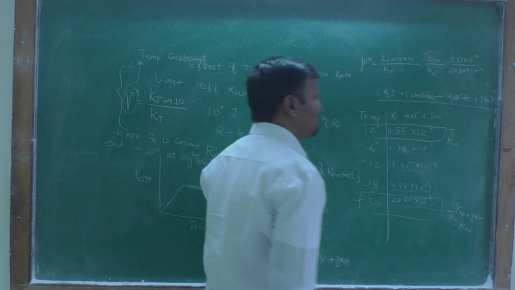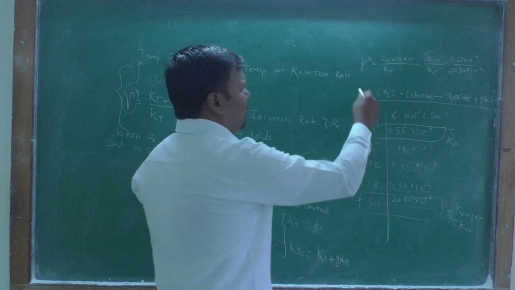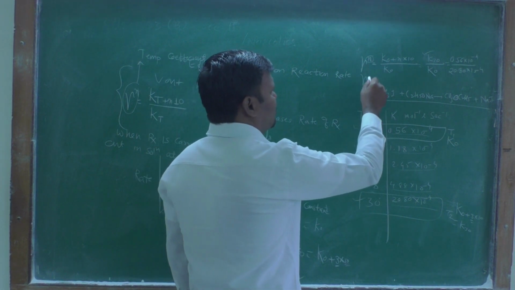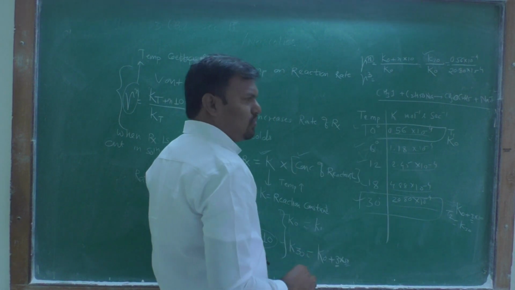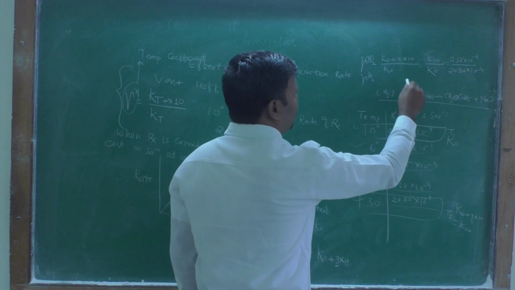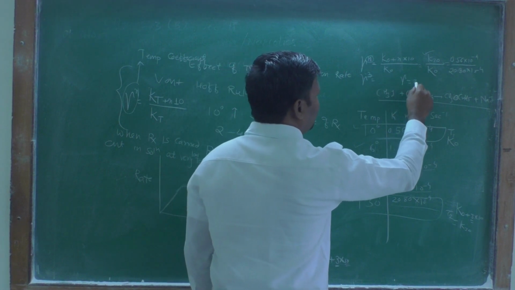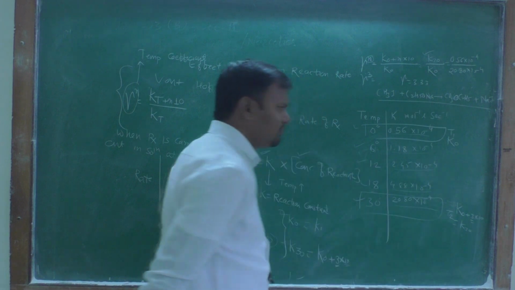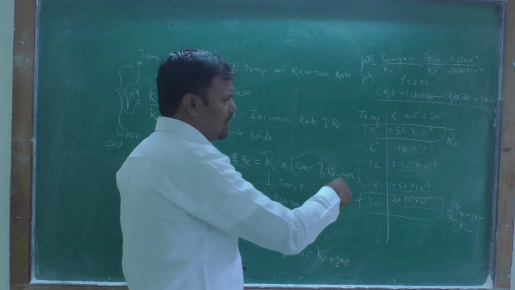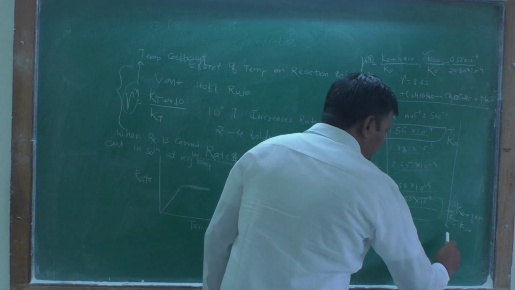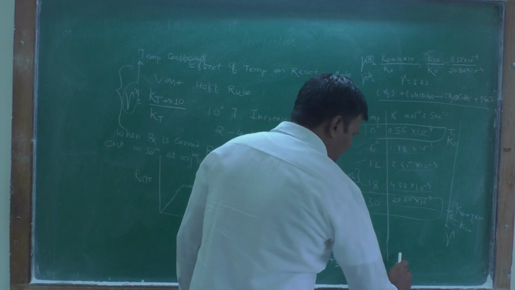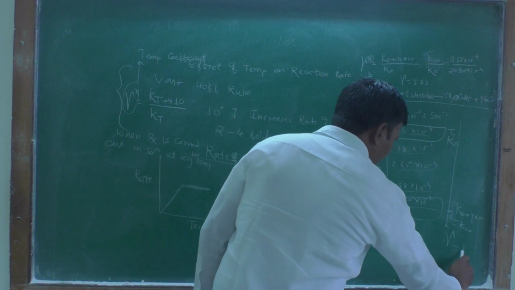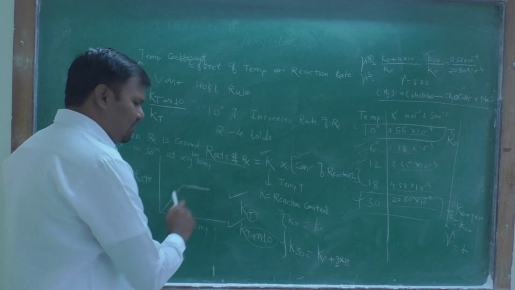Here n is 3. When you solve this, you find gamma is equal to 3.33. When you find all these values, gamma goes on decreasing, and at a certain point the value of gamma should be one, that is, the reaction rate is constant.